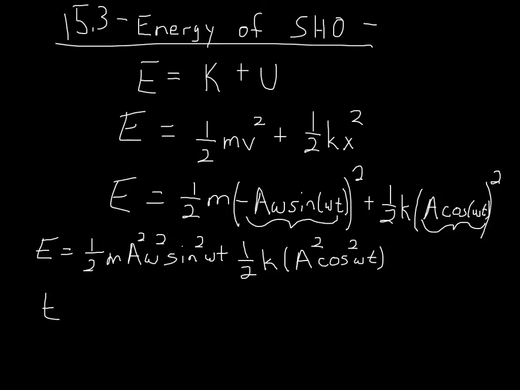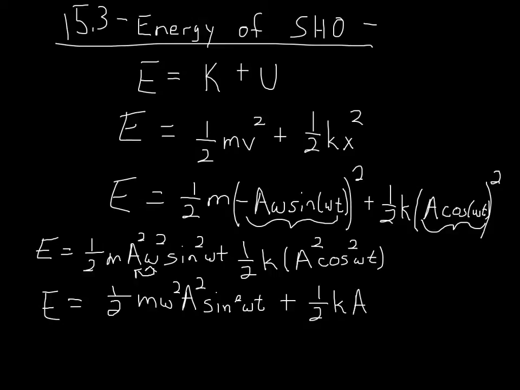I want to shuffle things a little bit to make things a little more obvious. 1/2 my mass times omega squared times a squared times sine squared of omega t. All I did here was switch the positions of where I was writing my a and omega. I just flipped these around. Okay, and then I have plus 1/2 k times a squared times cosine squared of omega t. And we're going to continue this on the next screen.